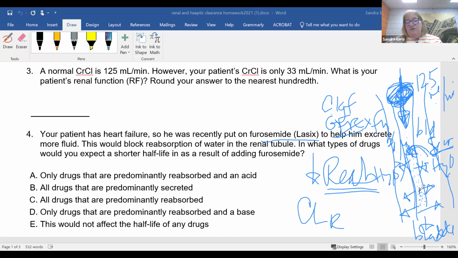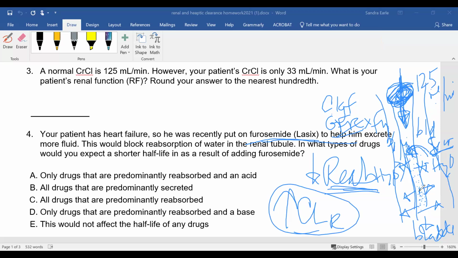Is it in the nephron or is it moving into the blood? In the nephron. It's staying in the nephron, and therefore more of it's being cleared, isn't it? So by giving a diuretic, you're going to increase the clearance of reabsorbed drugs. Does it matter whether they're an acid or a base in this case? No, because it's just about the actual concentration of the urine.